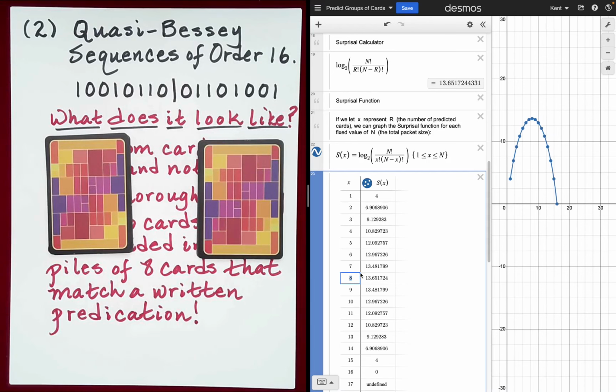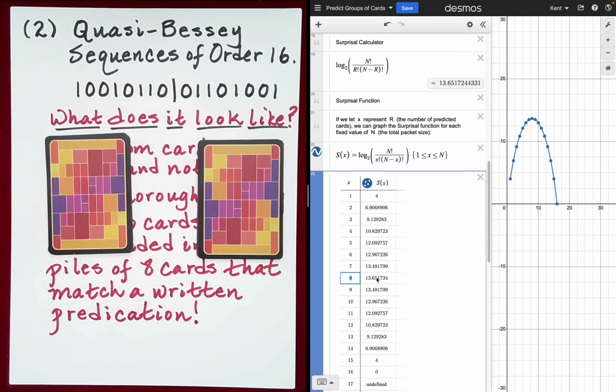And as you can see, that's where the maximum occurs. So we hit maximal Surprisal for what can be done with this packet of 16 cards when randomly choosing a certain number of them, but being able to predict what those cards are in the end. Okay, so there is our Surprisal value.